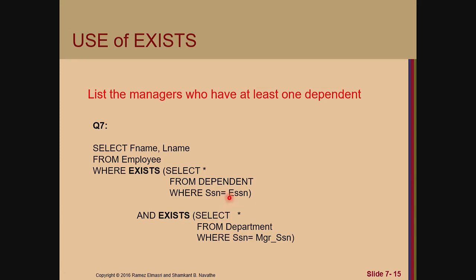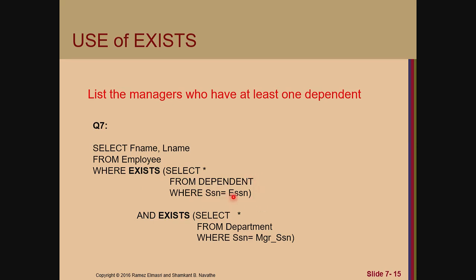Anyway, if possible, please try to use aliases every time. Maybe when you check the data, it's clearer, and the command is clearer and not confusing. Okay, the first one, select everything from dependent where SSN, which is from the employee table, equals ESSN, which is from the dependent table.